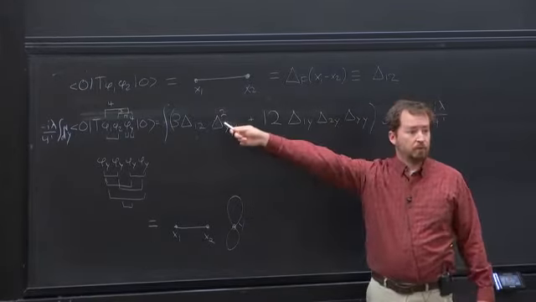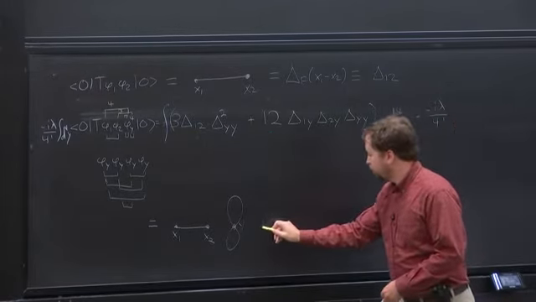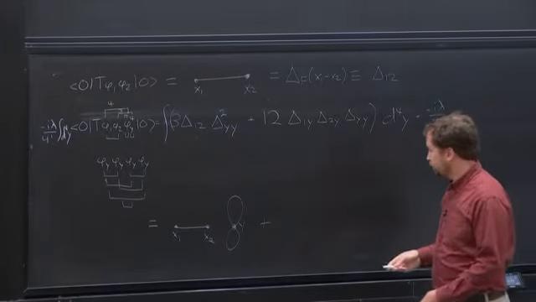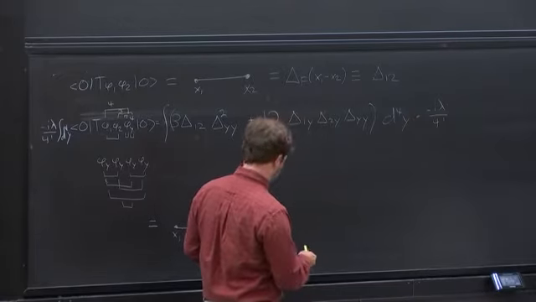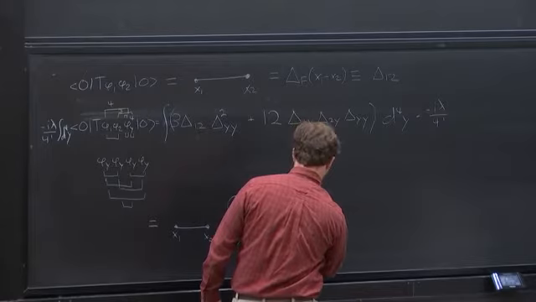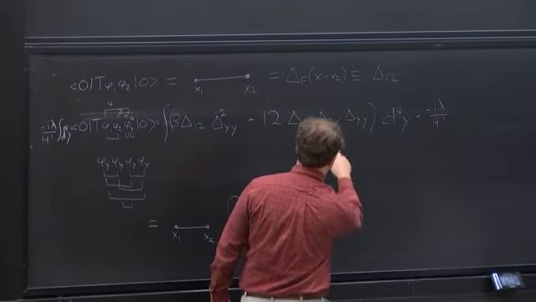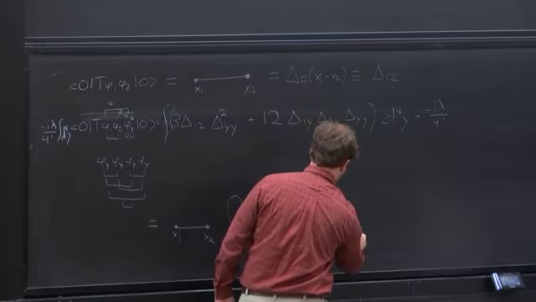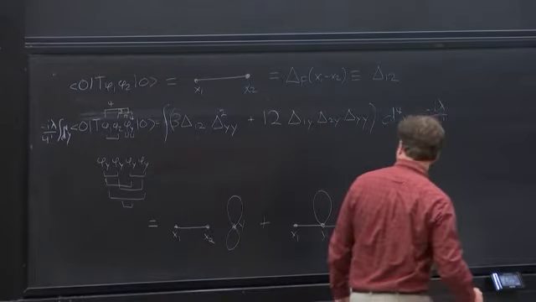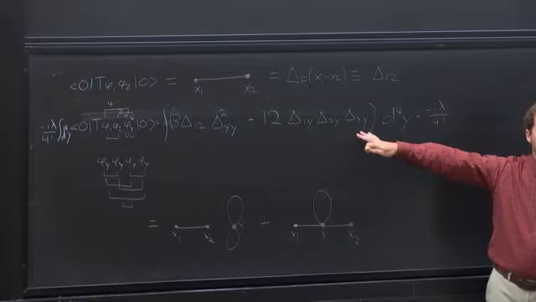So I can represent this term in white as this diagram. The term in yellow has a propagator from x1 to y, a propagator from y to x2, and also a propagator from y to y. So that's the diagram for the second.